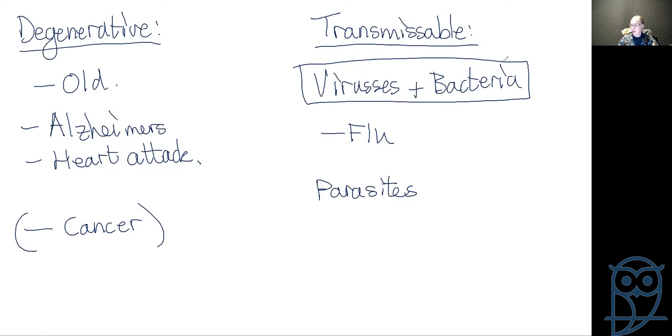Here's a question. What is the Black Plague? The Black Plague is a very widespread sickness that happened in Europe, especially during the Middle Ages. It was transferred by rats and a specific kind of flea on the rats.